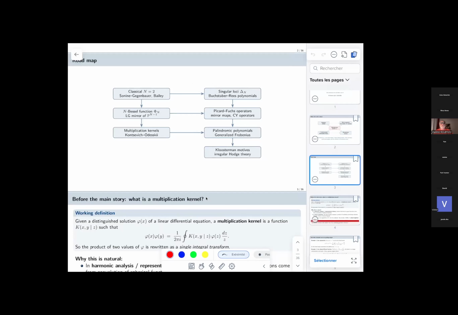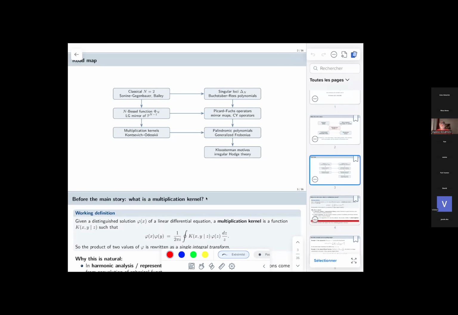Then we will go to n-Bessel or higher Bessel generalization of the solutions of the usual modified Bessel equation and their relations to Landau-Ginzburg superpotentials appearing in the mirror of projective spaces, a story which goes back to Givental and Dubrovin.